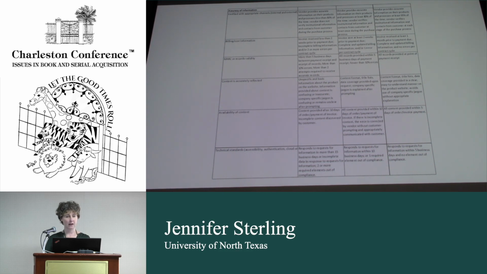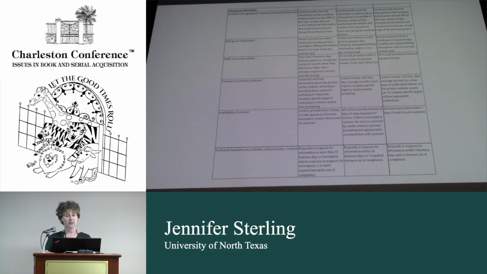Then we have a subcategory for our mark records, and in the ideal world, all records are provided at point of payment receipt. For the subcategory, the content is accurately reflected.